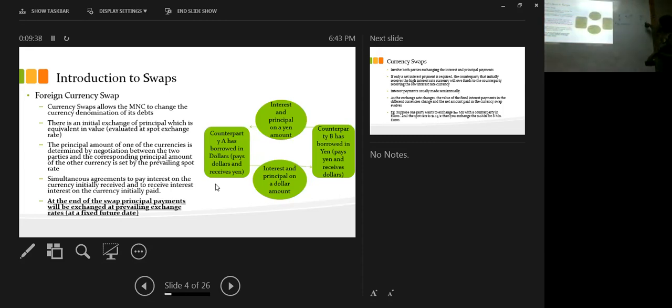They can only borrow in euro, but it's not as if the second party has a certain amount of capital to exchange. It has to match this exactly with the exchange rate. It's an exchange of principals at the beginning and then an exchange of cash flows. The initial principal is based on what they agree to, and then it's the equivalent in currency. So what's the equivalent of this in euro?